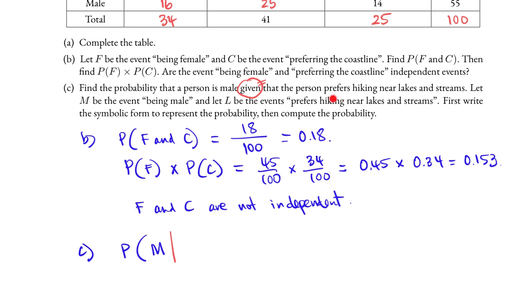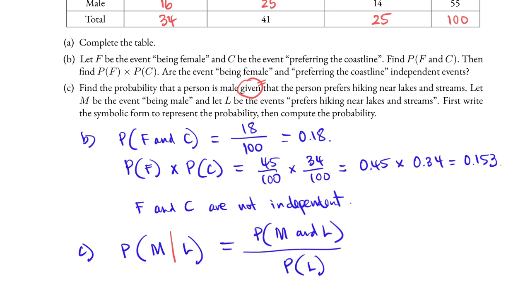Given that the person prefers hiking near lakes and streams, we let L be the event of preferring hiking near lakes and streams. So this is given L. Using the formula, P of M given L equals P of M and L divided by P of L.